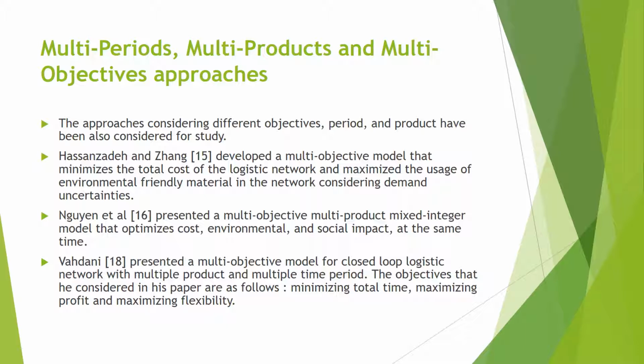Another paper, considered by Wahdani, presented a multi-objective model for a closed-loop logistic network with multiple products and multiple time periods. The objectives that he considered were minimizing total time, maximizing profit, and maximizing flexibility.